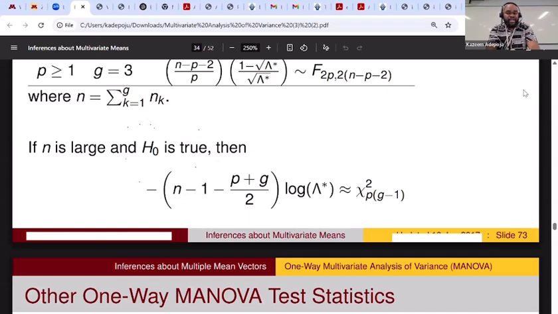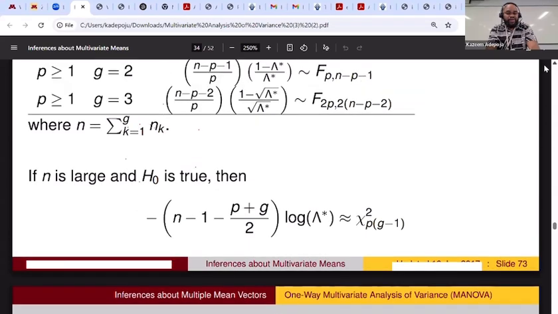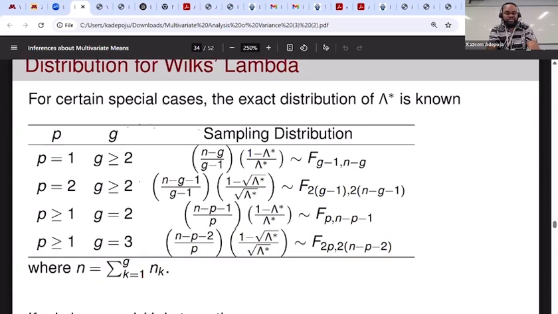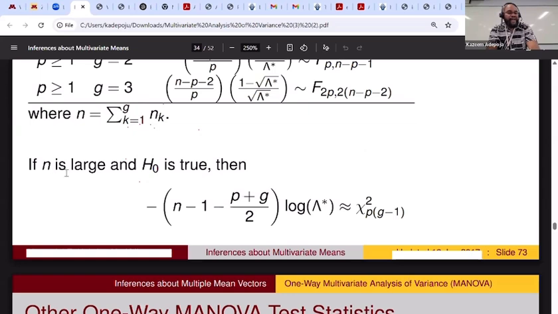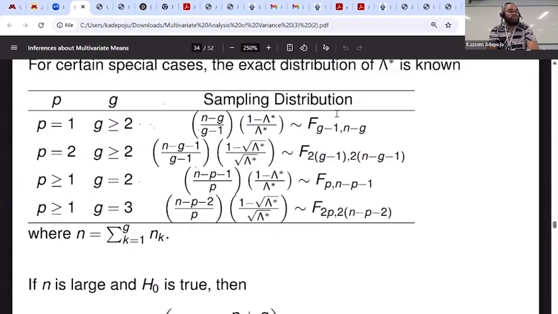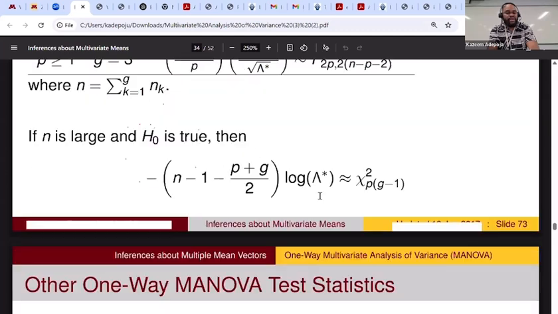And let me tell you this. All of these are for small samples. In a situation where n is large and H naught is true, then instead of checking from the F distribution, you're going to be checking from chi-squared.